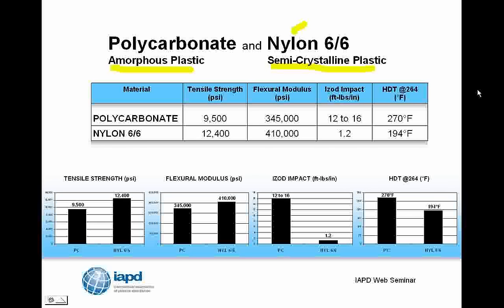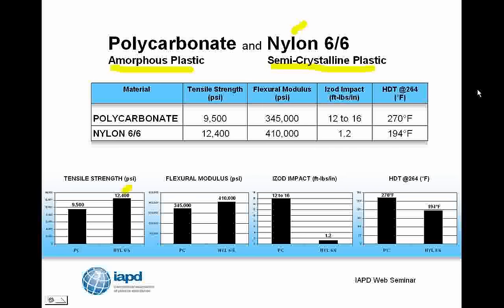And perhaps I'm trying to find a solution to an application problem. I had mistakenly used polycarbonate for a bearing or a gear, and now I want something similar in properties but will have better wear characteristics, and I'm looking at nylon. Well, when I start off with strength, I can see that the nylon is quite a bit stronger than the polycarbonate.